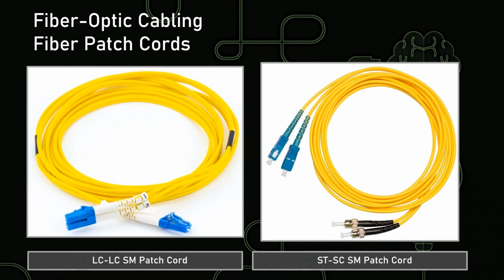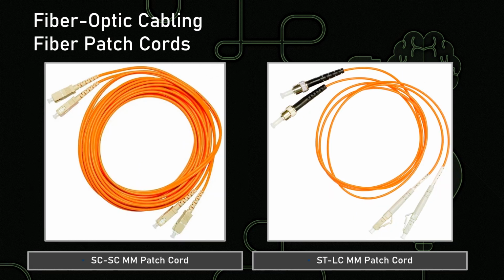So here we can see a Lucent, what's called an SM patch cord, single mode patch cord. And you can see a straight tip to an SC on the right. These patch cords are in yellow. There is a little bit of color encoding we traditionally talk about. We can see the orange here for the 2 single connectors. This is multi-mode.